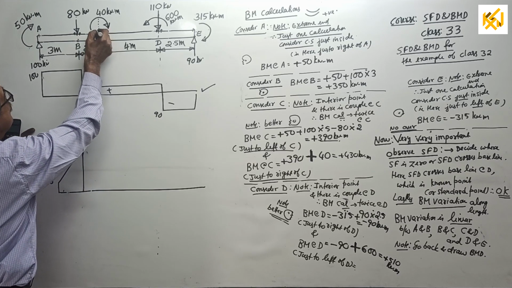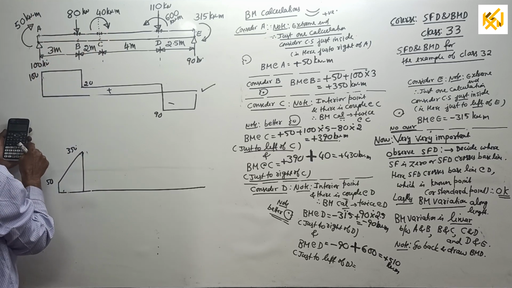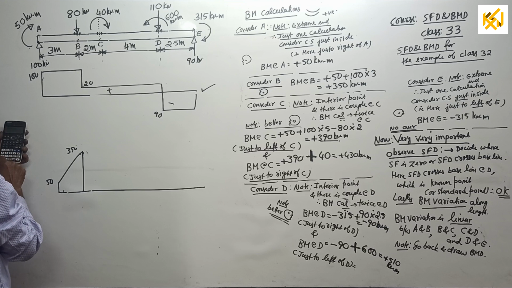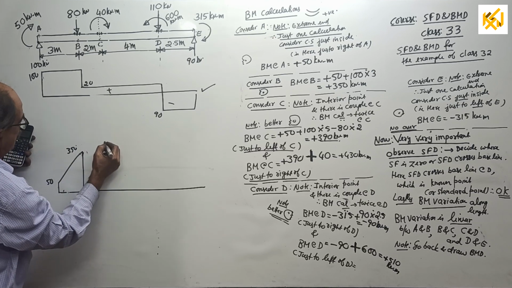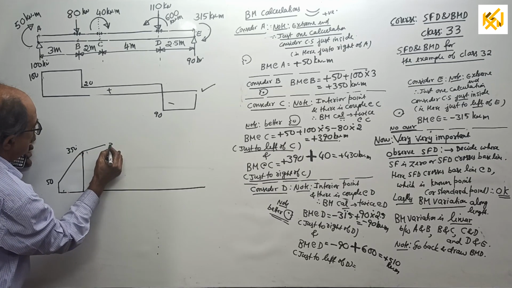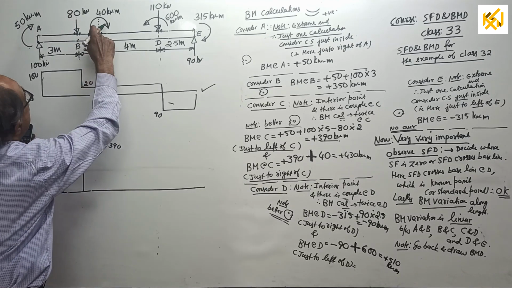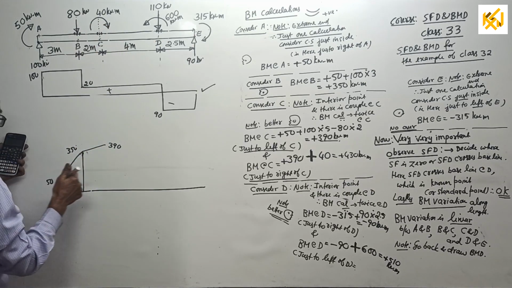Bending moment here, left side: plus 50 plus 100 into 5 minus 80 into 2 is 390. Bending moment just this side, 390 plus 40, 430.